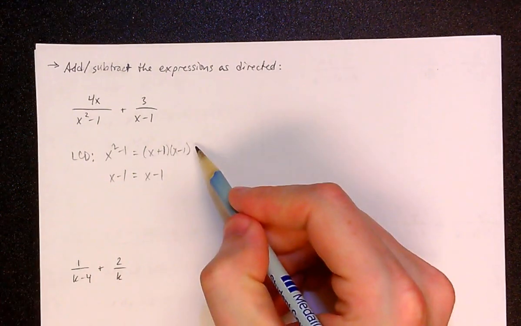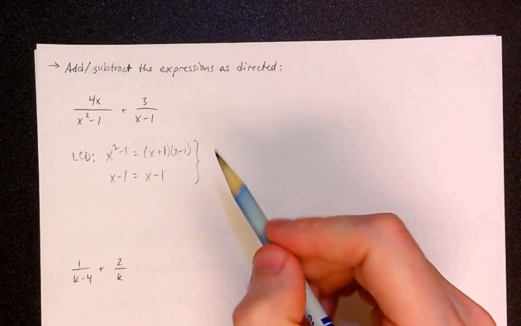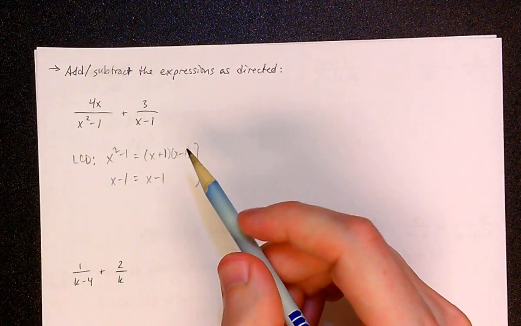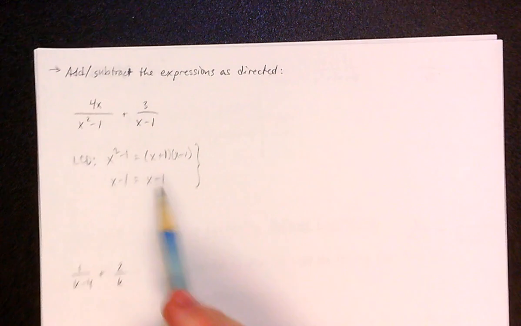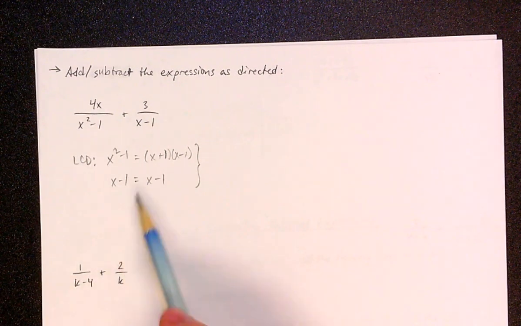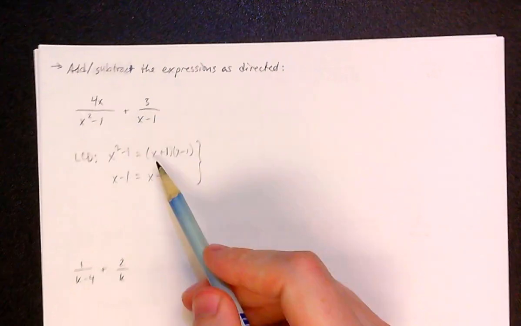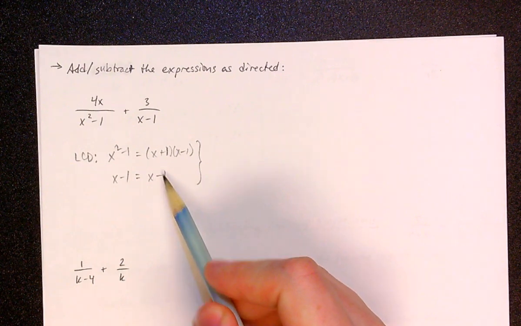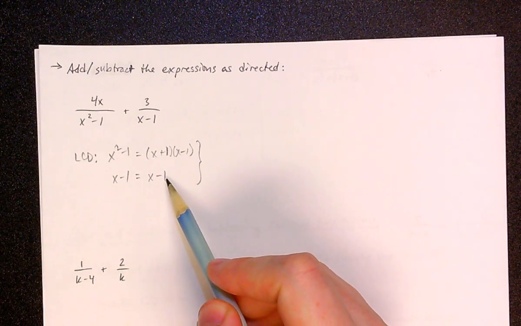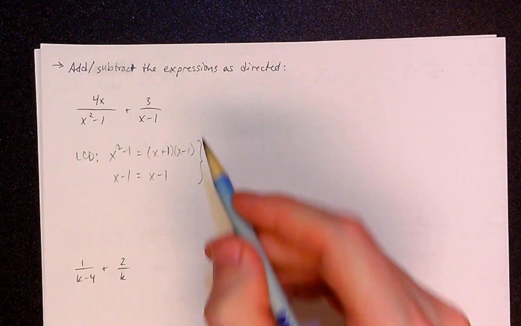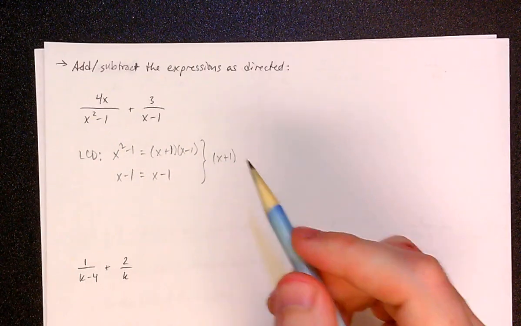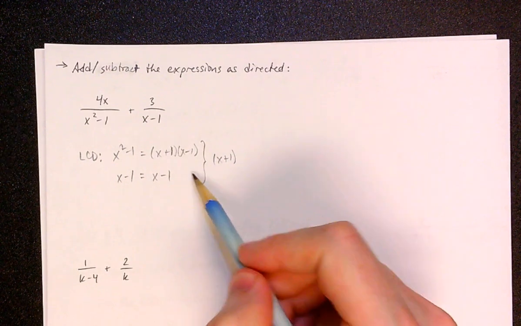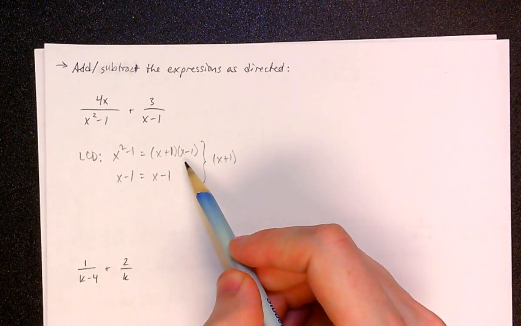So now, let's take whatever is the larger number of the factors that are appearing in either of these denominators here. So here I have one factor of x plus 1. Here I have no factors of x plus 1. So that means my LCD will have one factor of x plus 1. Here I have one factor of x minus 1.